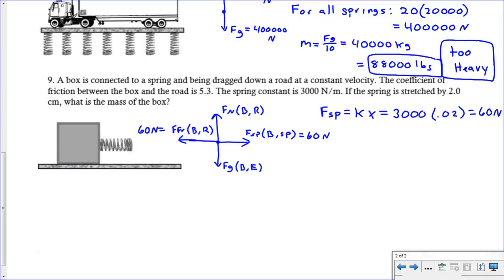Going on, the normal force, the way we're going to find that is by using the friction equation. We know that the force of friction is equal to mu, the friction coefficient, times the normal force. What we're looking for here is the normal force. So that means normal force is going to equal the frictional force divided by, oh, sorry, by mu. Which in this case is going to equal 60 divided by 5.3.